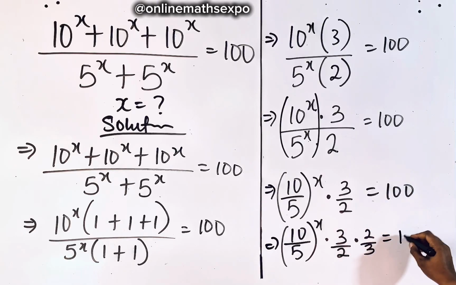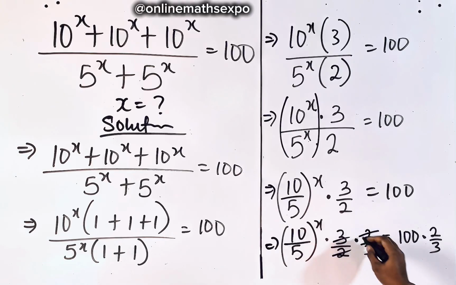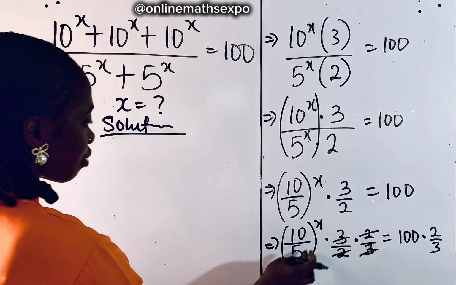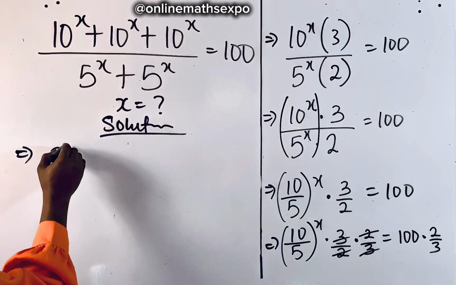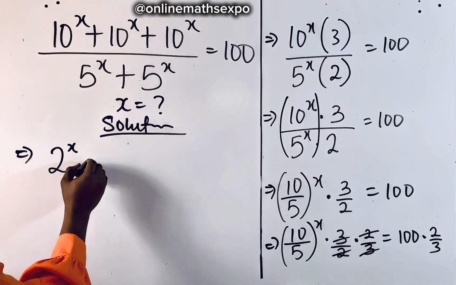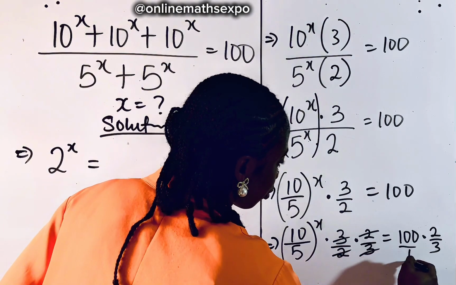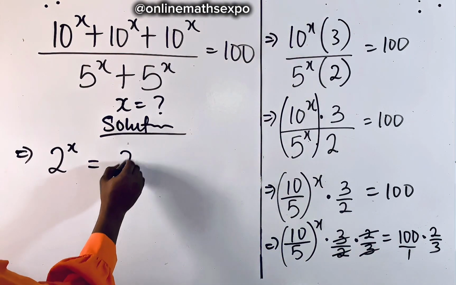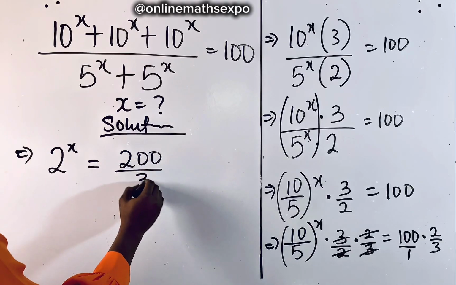Do the same here: multiply this by 2/3. This cancels, we have 1. Keep simplifying: 10 divided by 5 gives us 2 to the x power is equal to 100 over 1, multiplied by 2/3, which gives you 200 divided by 3.